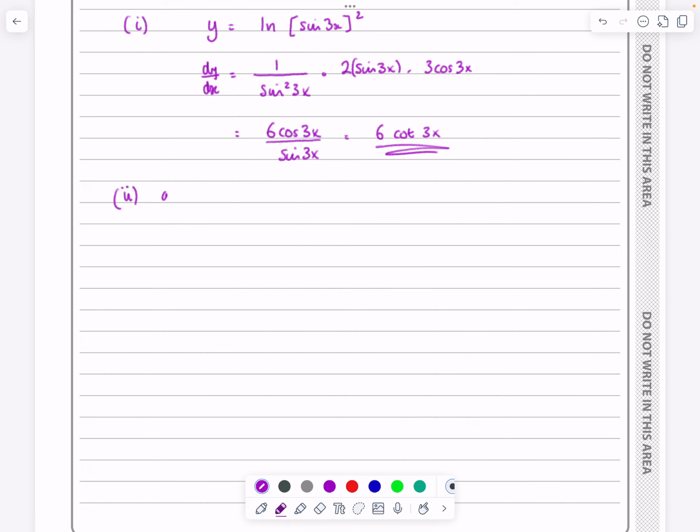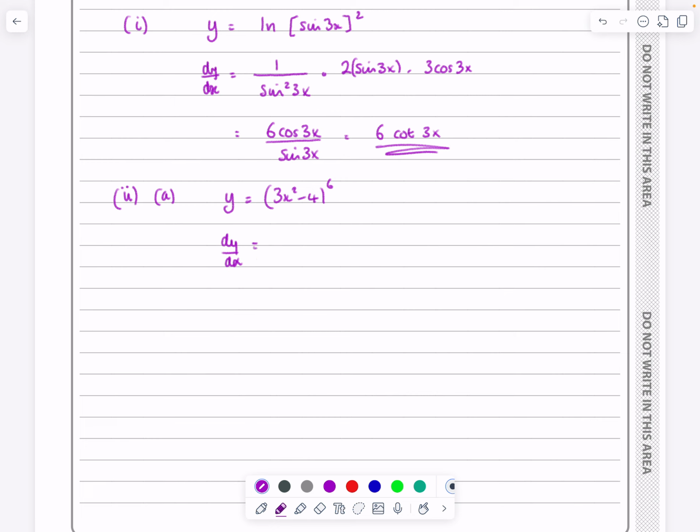What have we got? So 2 part A, we've got y equals 3x squared minus 4 all to the power of 6, and using the chain rule we'd say dy by dx is, this is something to the power of 6.